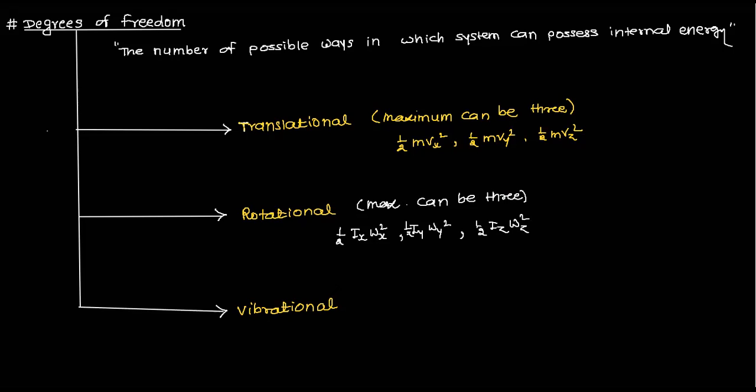Next, vibrational. Vibrational degrees of freedom means when molecules are vibrating, whatever energy is possessed because of the vibration comes under this degrees of freedom.